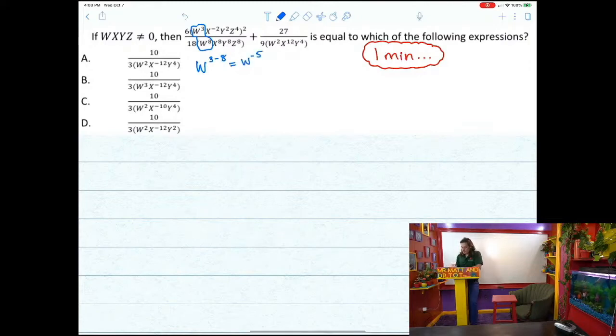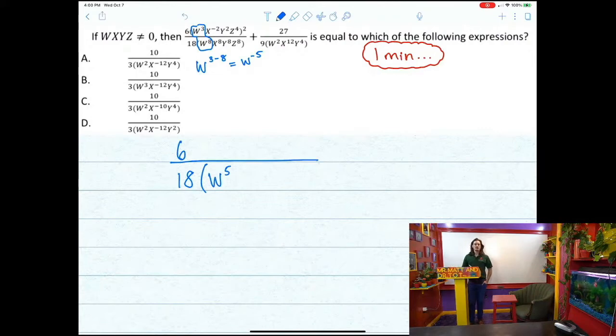I'll leave that 6 in the numerator alone for now. The w really only combines to a 5 in the denominator, because the w to the third power in the numerator is getting absorbed by the w to the 8th power in the denominator, turning into w to the 5th power in the denominator.